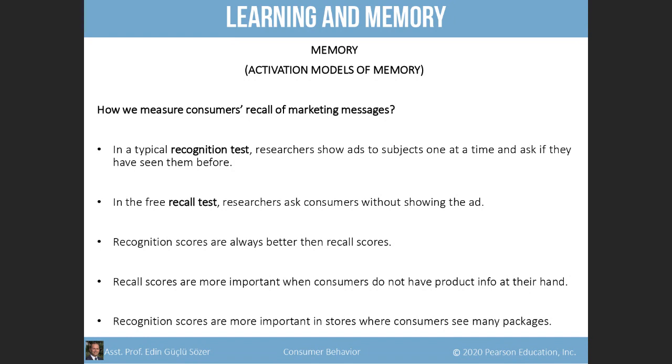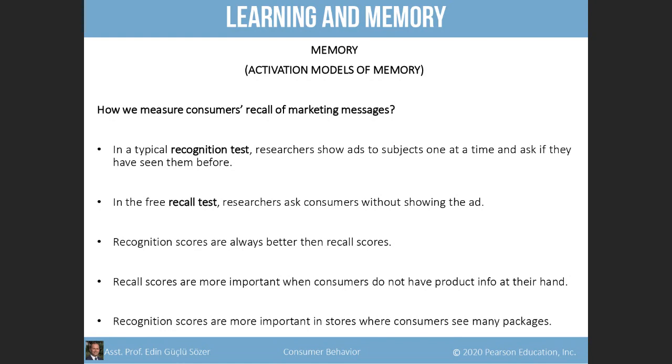On the other hand, if the customer goes to the store to purchase something, I mean, the purchase decision is made in the store, then recognition performance is enough. Recognition performance helps us to show ourselves to the customer, and the customer will recognize us when they see our product package or, let's say, posters in the store.